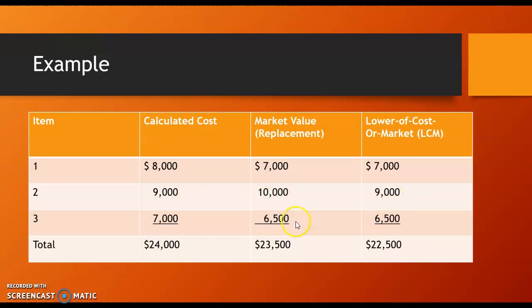And for the third category, the replacement or market is lower. So whichever is lower, we're going to put that in this third column, and we're going to total those up, and that's $22,500. So on our trial balance under the inventory account, we would want to show $22,500, and what we're actually showing in our trial balance right now is $24,000.